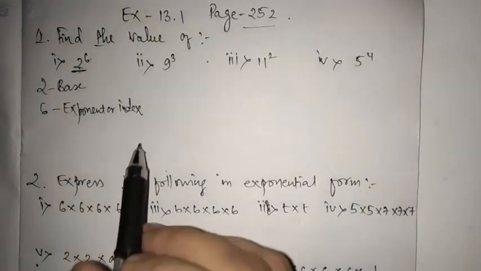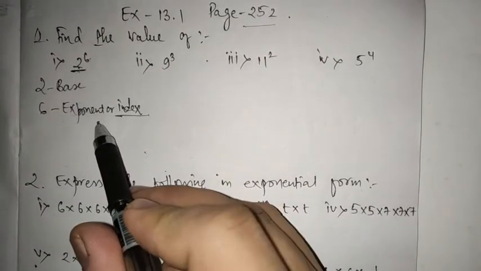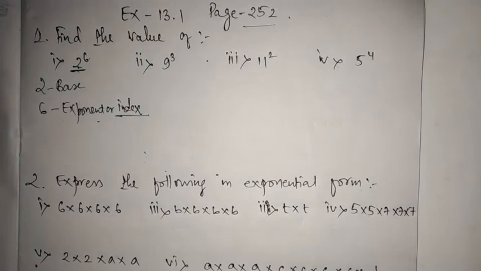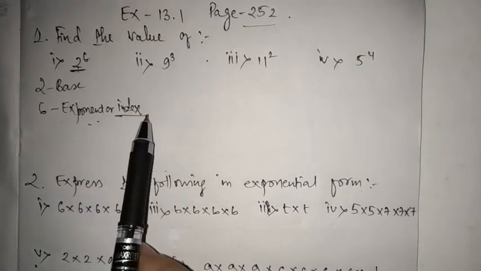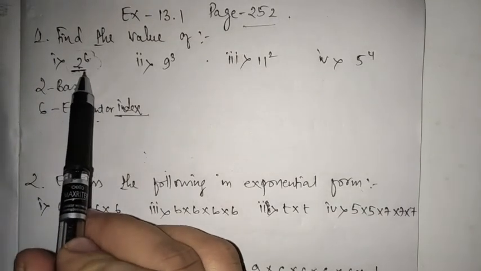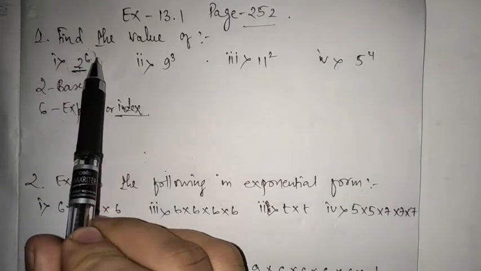I did not use the term index before, but today I'm using it. You can say exponent, and if you are comfortable with exponent, that is better. The whole together is called the power, with the base and the index. That's why we say 2 to the power 6, right?